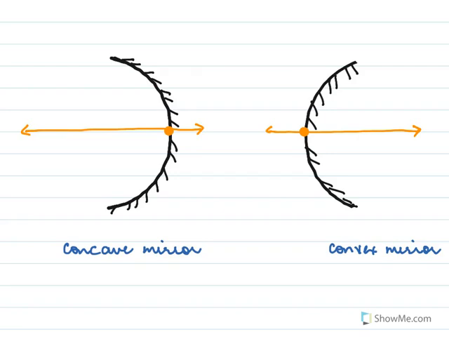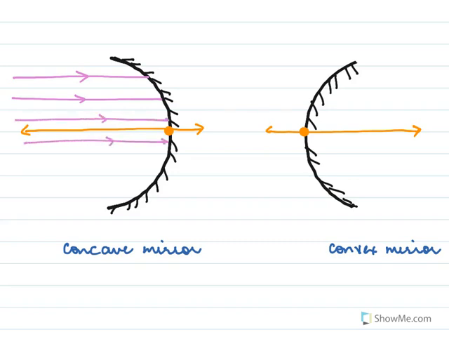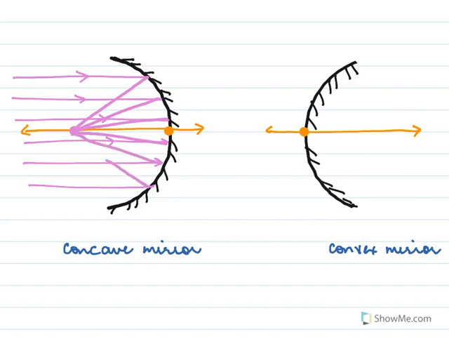Now let's see the sign convention for the focus. First is the concave mirror, and in the concave mirror we know rays that are parallel to the principal axis, after reflection they will all meet at a point on the principal axis, which we call the focus.